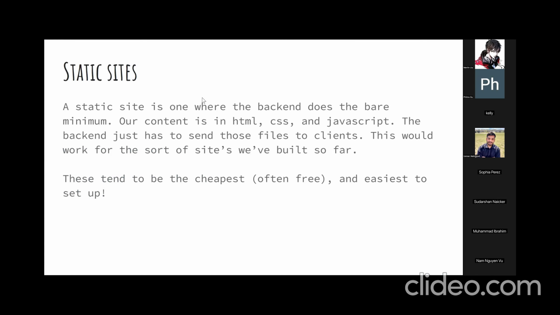Static sites are where the backend is just the bare minimum. It's primarily the HTML, CSS, and JavaScript doing the heavy lifting of the website. Backend is just to send the files to the client, and this would work for the sites that we've built so far. These tend to be cheapest and often free and easiest to set up since really it's only the front end components that you're dealing with, nothing too major in the back end.